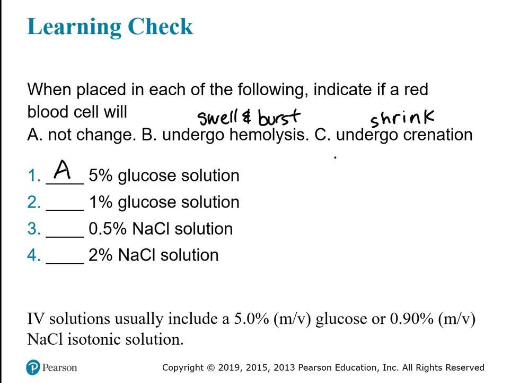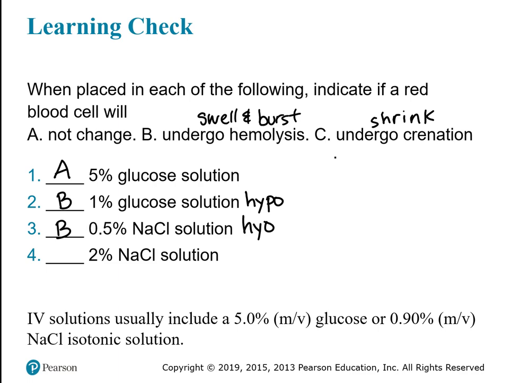A 1% solution, well, that we said was going to be hypotonic, and that is related to swelling and bursting. A 0.5% solution is also hypotonic, so we're going to swell and burst.